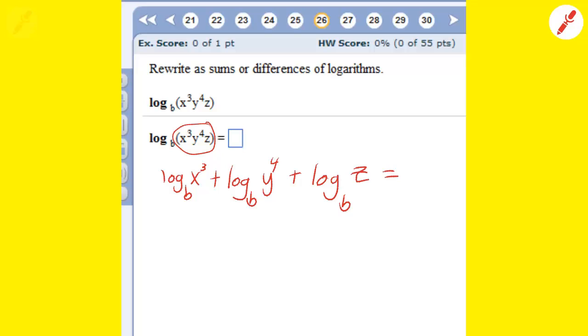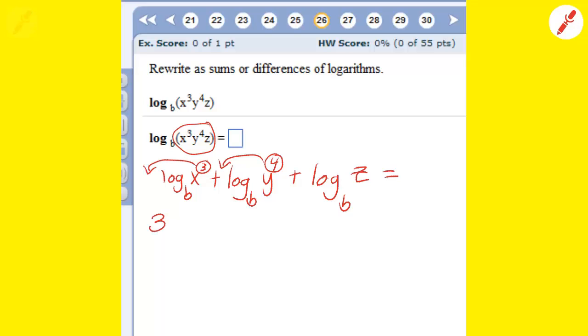Now in the next step I'm going to take my exponents and put them down in front. I suppose you could put two steps together. I like to do it separately because it's much more orderly that way. I suppose it's a little OCD also.